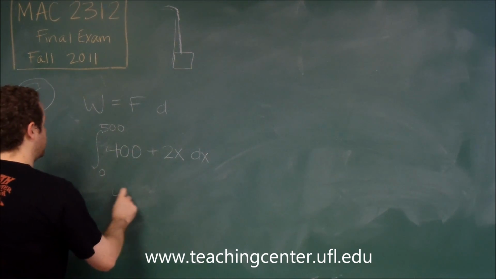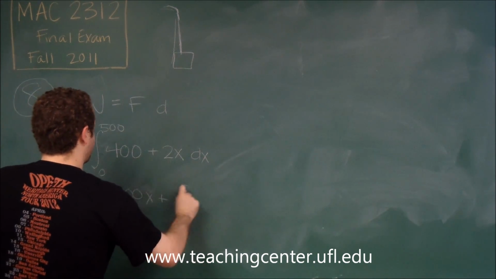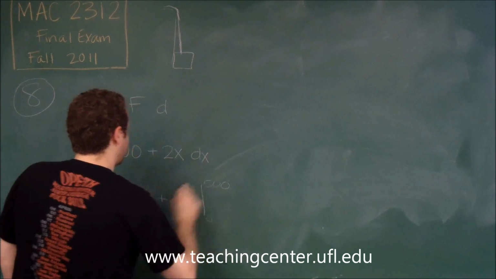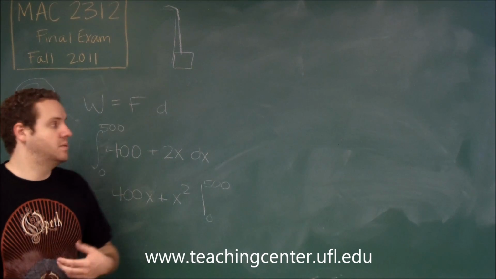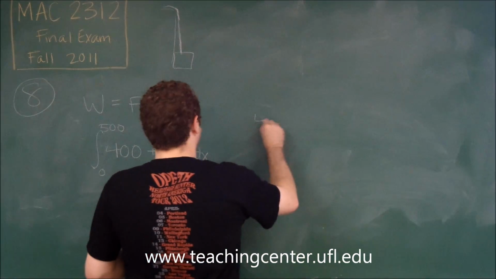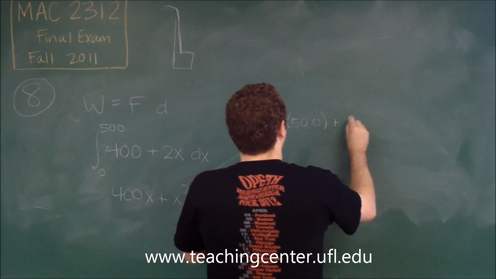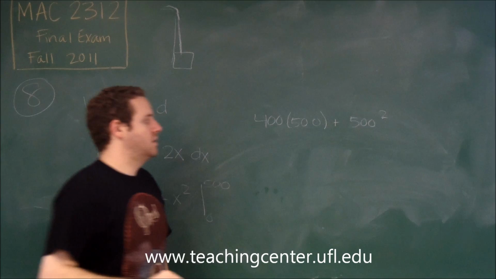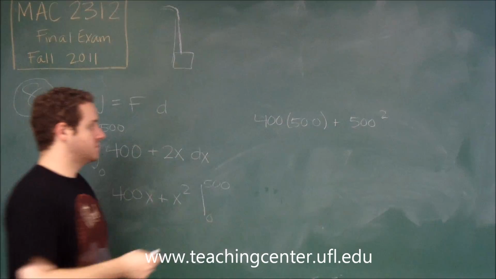When we take the antiderivative of this, we get 400x plus x squared, from 0 to 500. If you plug in 0, you get 0. So we just get 400 times 500 plus 500 squared, in other words, 500 times 500.